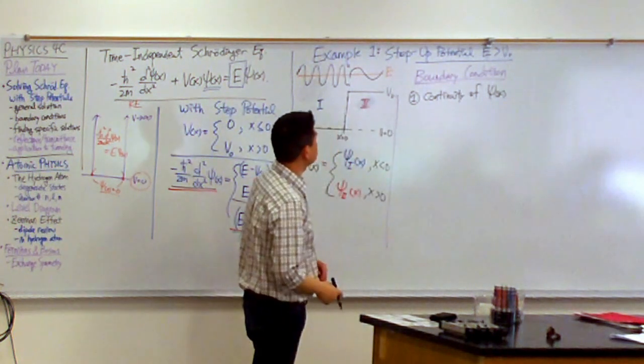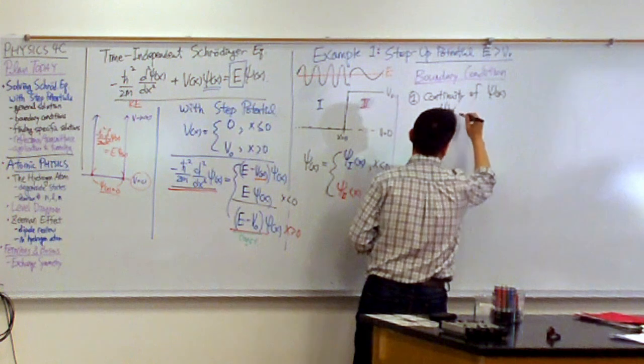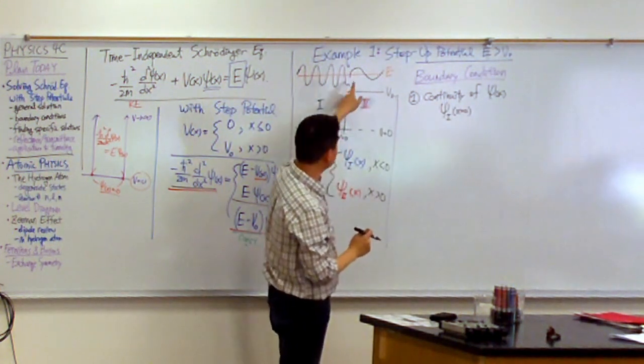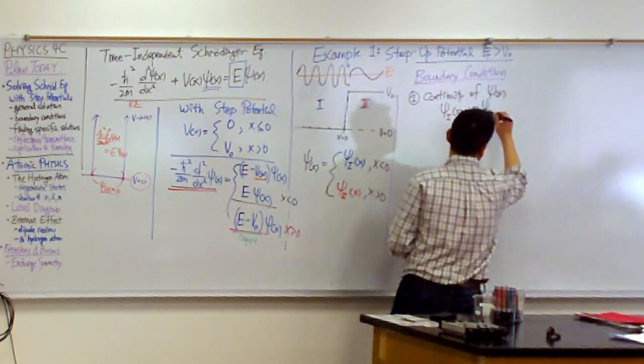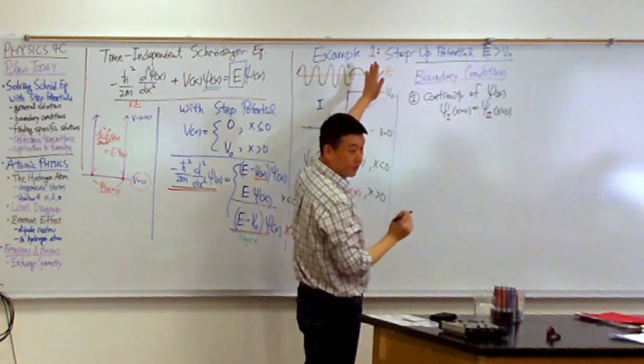Psi 1 at x equals 0, the wave function on the left-hand side, right at the boundary, has to be equal to the value of the wave function right on the right side of the boundary.